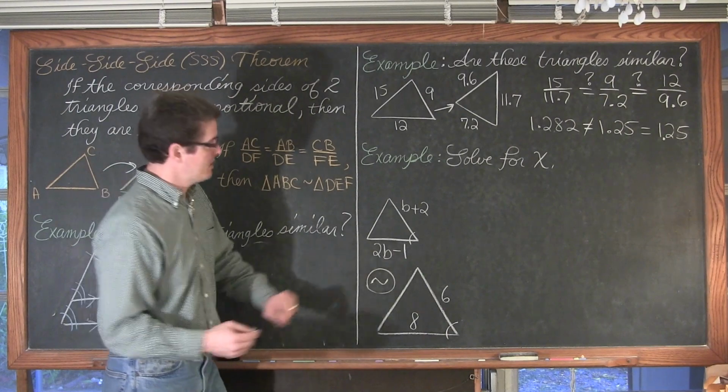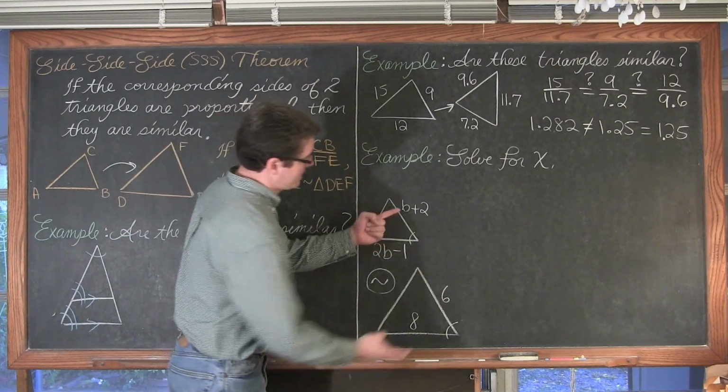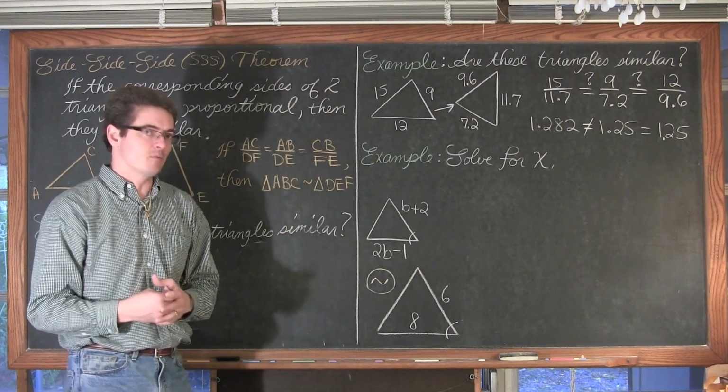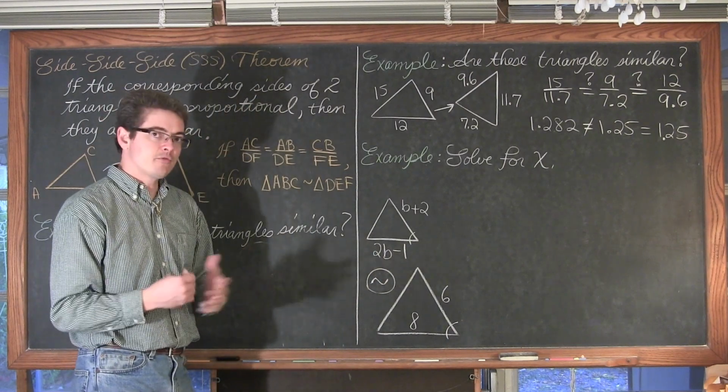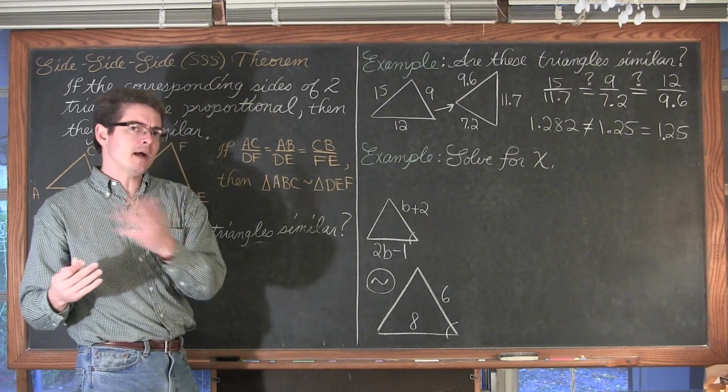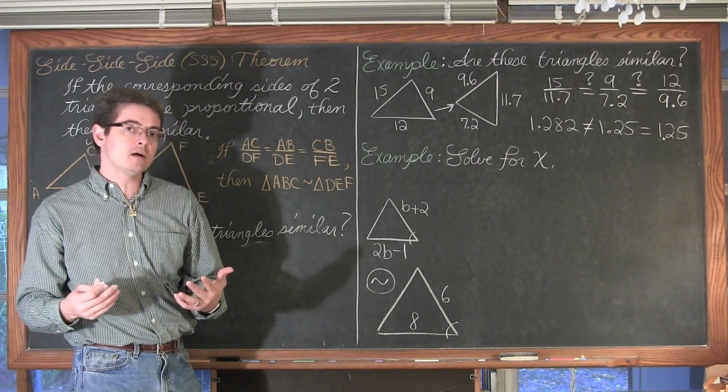And if they're similar triangles, then looks like we need to have side, angle, side. So they're similar by the SAS theorem, if you will. Or at least that's the information I have in the diagram. So I need to set up equal ratios, kind of going back to our previous video of similar polygons.